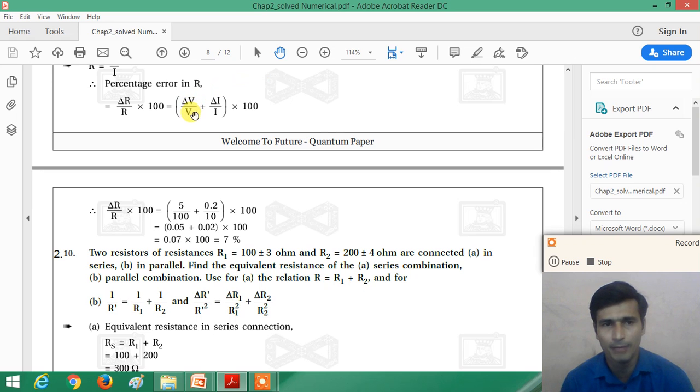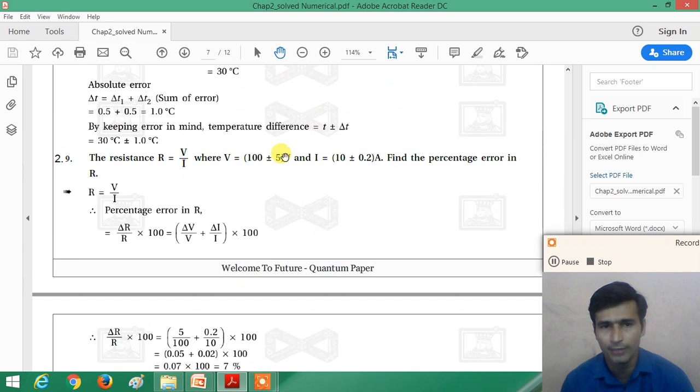So dear student, the percentage error in R, delta R by R multiplied by 100, is equal to delta V by V. What is the value of delta V? The value of delta V is 5 and the value of V, that is the true value, is 100. Similarly, the value of delta I is 0.2 and I is 10.